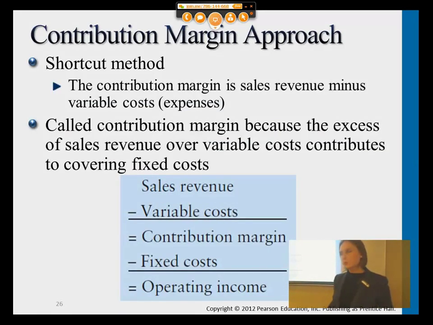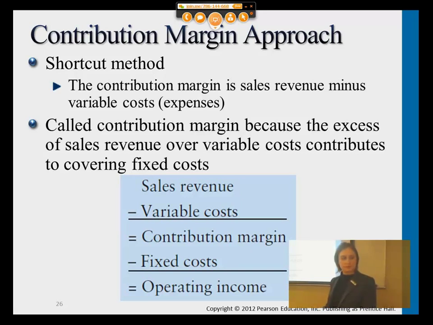So let's look at the contribution margin approach. All right, as you see, it has very similar components in this big formula. The contribution margin is really a shortcut method. It's not as precise.